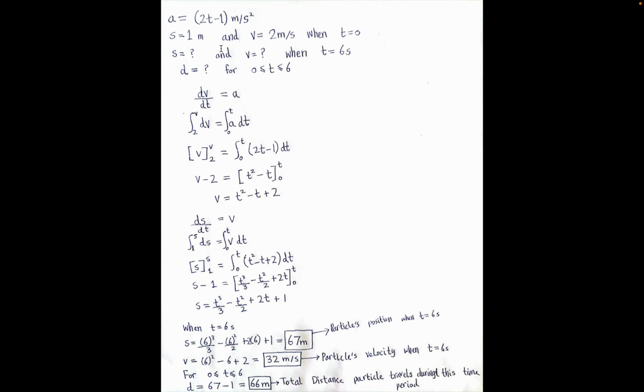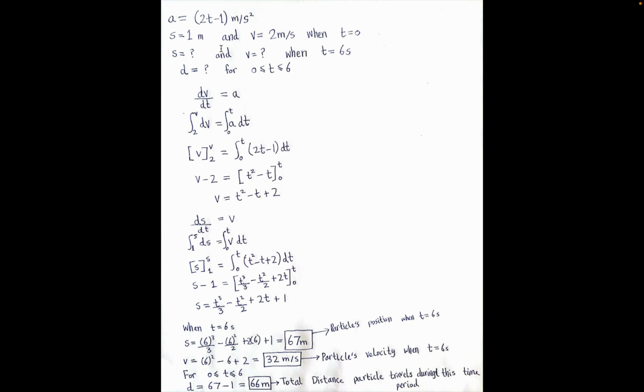But when we're specifically talking about the time period between 0 and 6 seconds, we have to subtract any distance traveled by the particle before that time, which was 1 meter, because at 6 seconds it shows the total displacement from its original position.